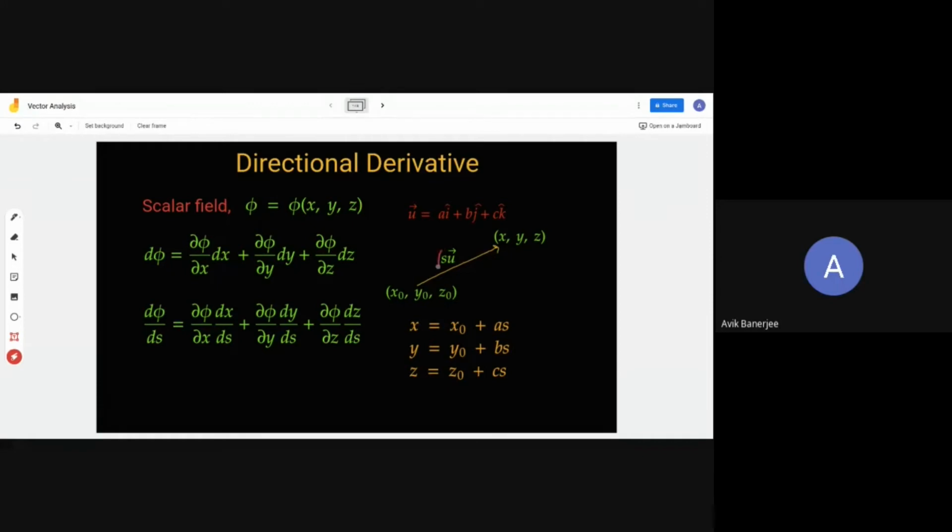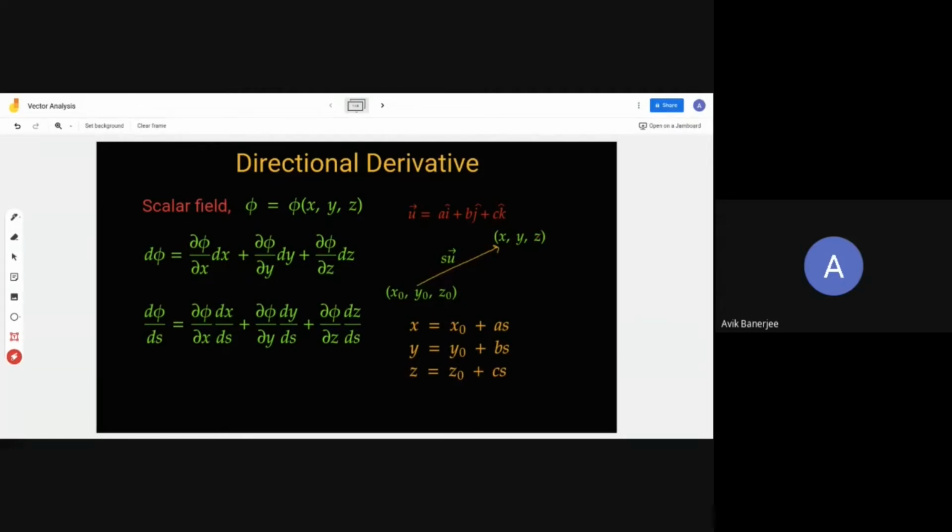We call that s. So that vector which points from x0, y0, z0 towards x, y, z is s u vector, because u vector is the unit vector in that direction and s is the magnitude of that line. It is a distance. So if we multiply the unit vector with the magnitude, it is basically a scalar multiplication of a vector. So it will give us the vector in that direction.